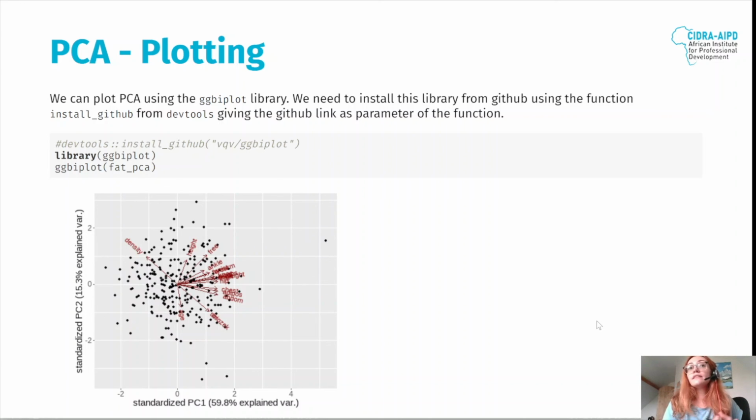But this is how we work with PCA. And this is the power of PCA: being able to do the analysis and get useful results without having to use all the variables you have available.